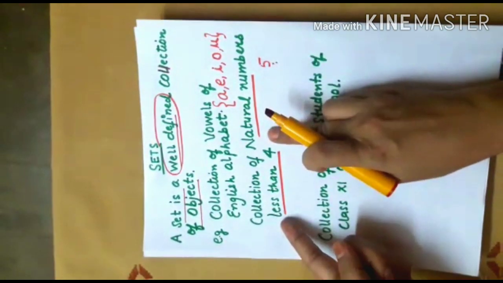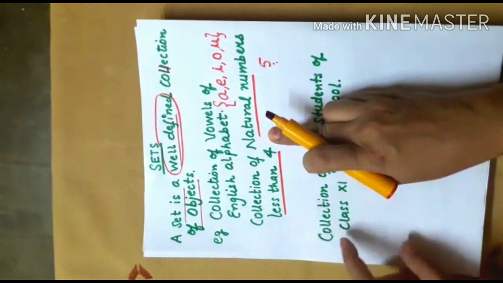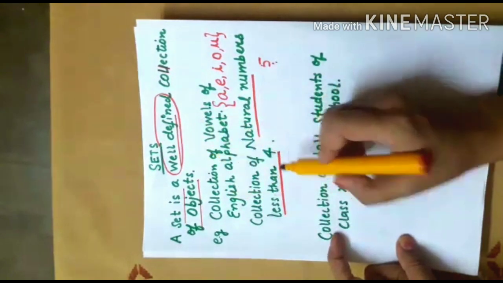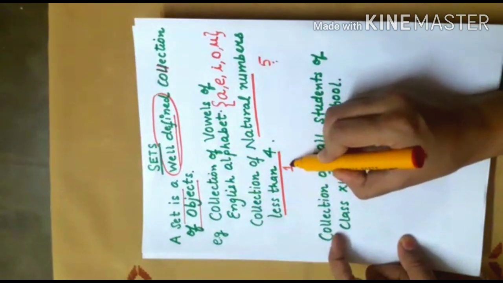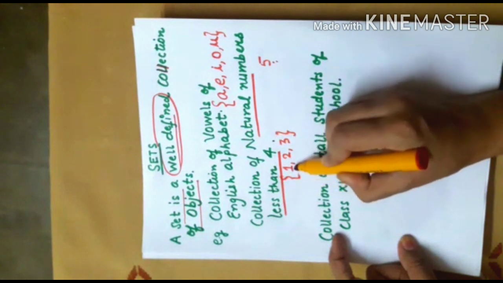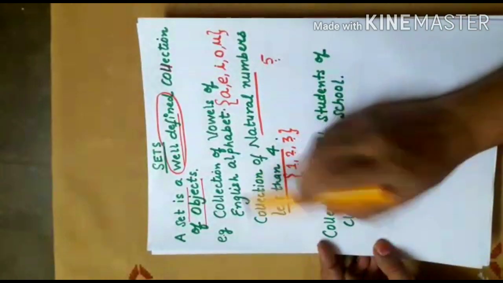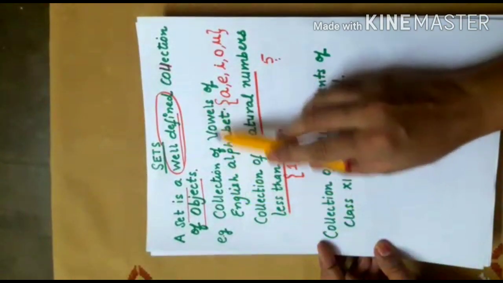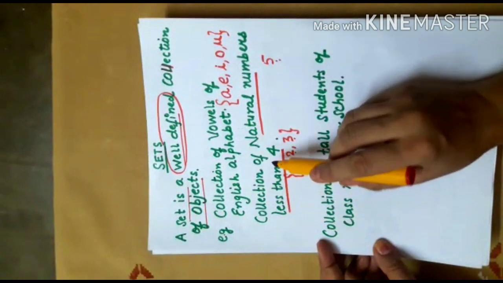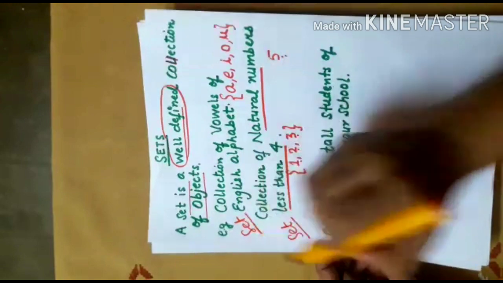So it is a well-defined collection, therefore it will represent a set. And the elements or the members which belong to this collection will be 1, 2, 3. Natural numbers less than 4. So thus we have seen that collection of vowels of English alphabet and collection of natural numbers less than 4, they both are examples of a set.